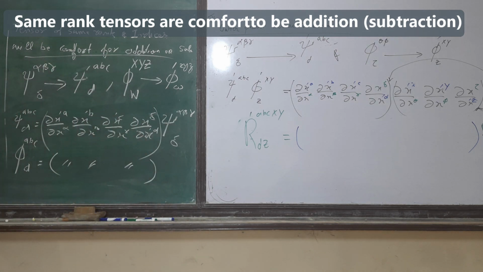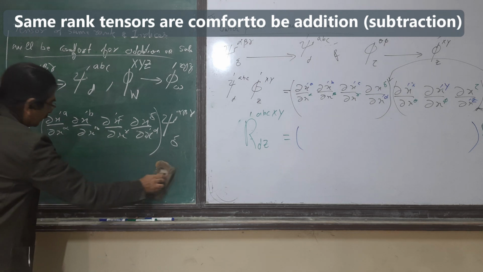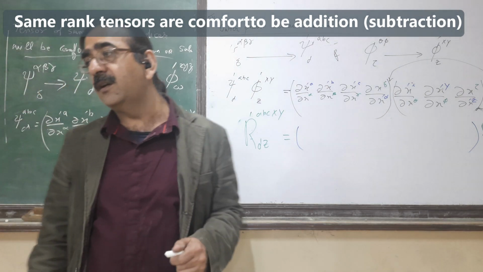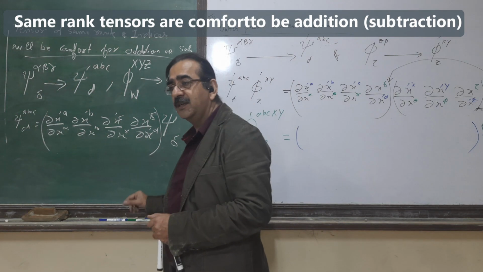If we are adding these, then the transformation law will be different. I mean, they will be transformed in such a way, but the indices will be different.